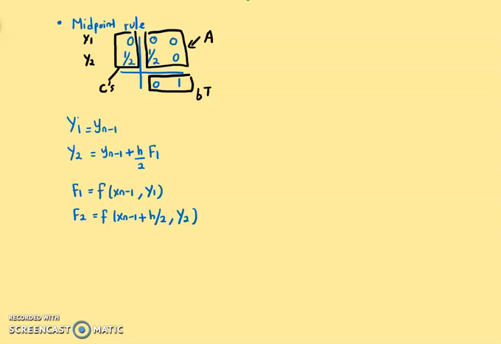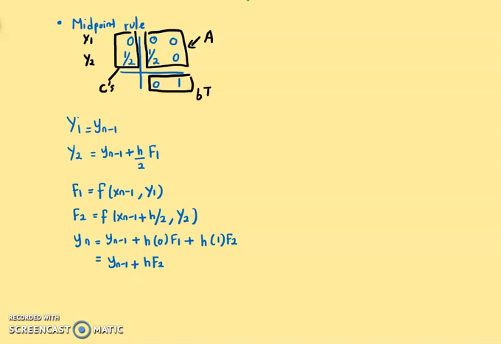Now look at the little y, my yn. I have to refer to this one. So I have yn minus 1 plus, obviously, h, my b is 0, f1, plus h, my b is 1, f2. So I can write this as h f2.